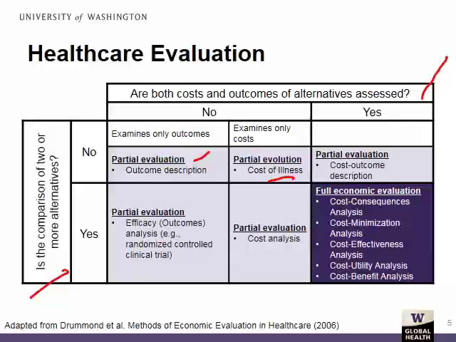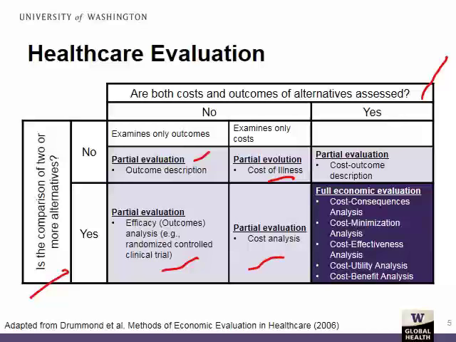And if we are comparing only costs or only outcomes, but of 2 or more alternatives, then we have traditional epi studies here, like a randomized controlled trial. And if the comparison is on the cost side, but of 2 or more alternatives, then we have a cost analysis here.